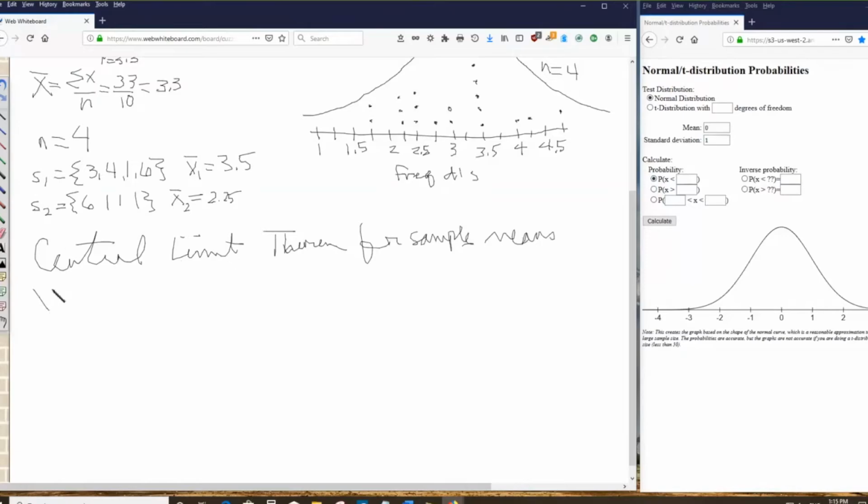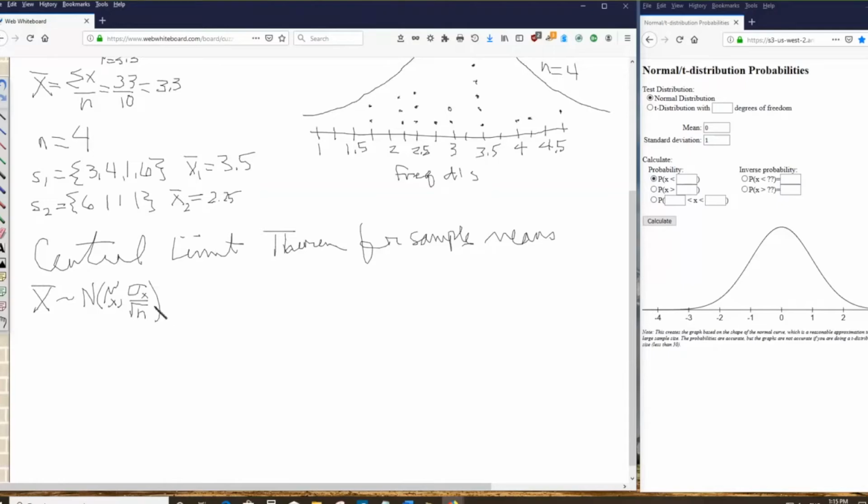The notation is x average, or the mean, n for normal distribution, and then mu of x, comma, sigma x divided by the square root of n.